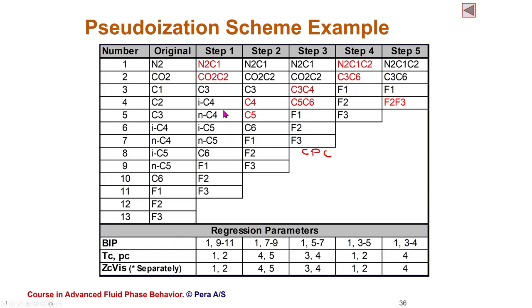But the idea is to give you an idea how to treat the pure components or the light components. Okay, so the idea here is just to give you an example of how we can play with the light components in the mixture, but the heavy components should be lumped as well. Okay, I will give you some examples.